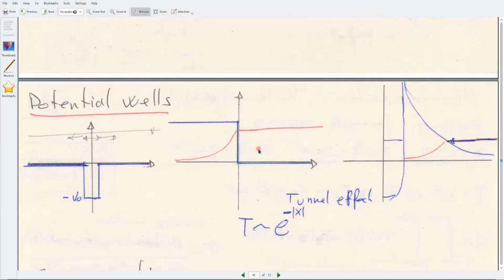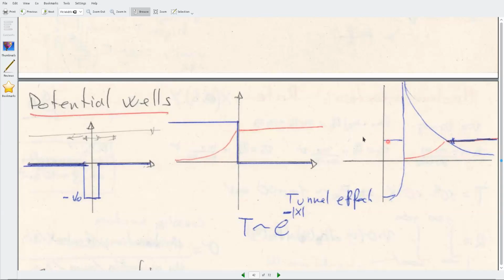Also, if you have a wall, we saw in quantum mechanics that the probability of existence of the particle, the wave function, decreases exponentially inside the potential wall. So if you go inside the potential barrier, the probability of existing goes down, and there is a small probability that the particle can pass through the barrier and find itself inside.